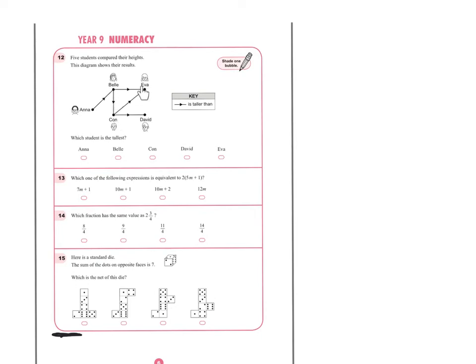And Con is taller than Eva, which means Bella is taller than both of them. Because Con is taller than David, it means again that Bella is taller than David, Con and Eva. And this sign here says that Anna is taller than Bella.